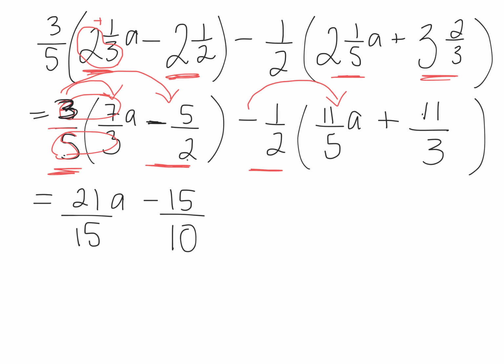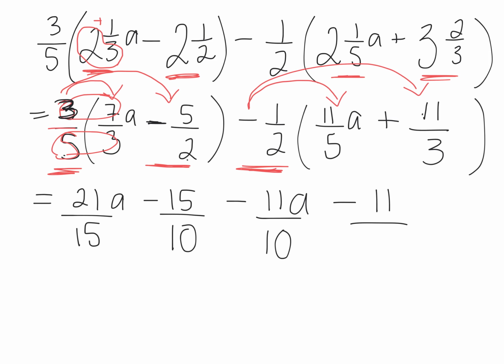What's negative 1 times positive 11? Negative 11 over 2 times 5 is 10a. Okay, so let me put that closer. And then we have negative 1 over 2 times positive 11 over 3. Negative 11 over 2 times 3, 6.